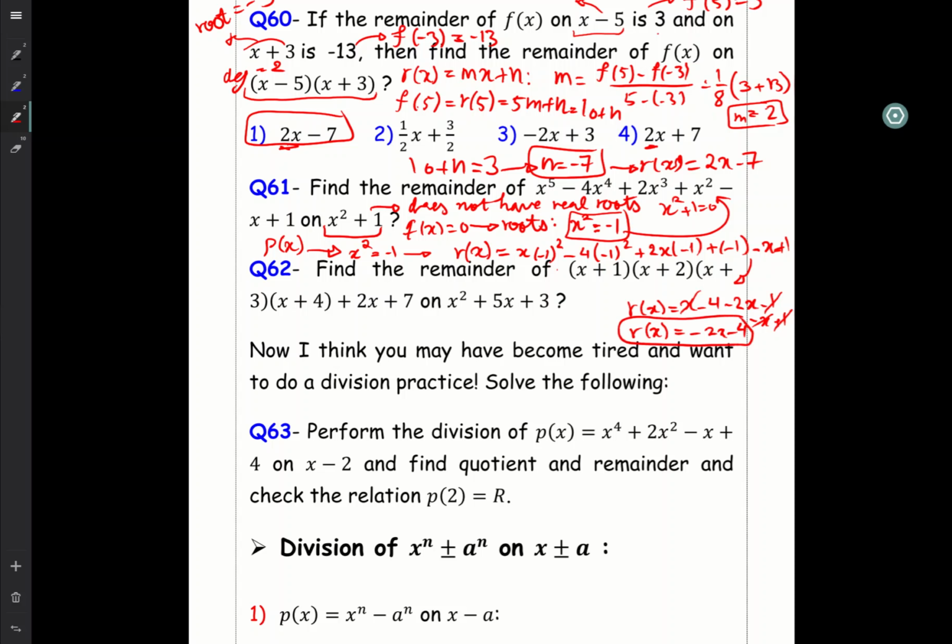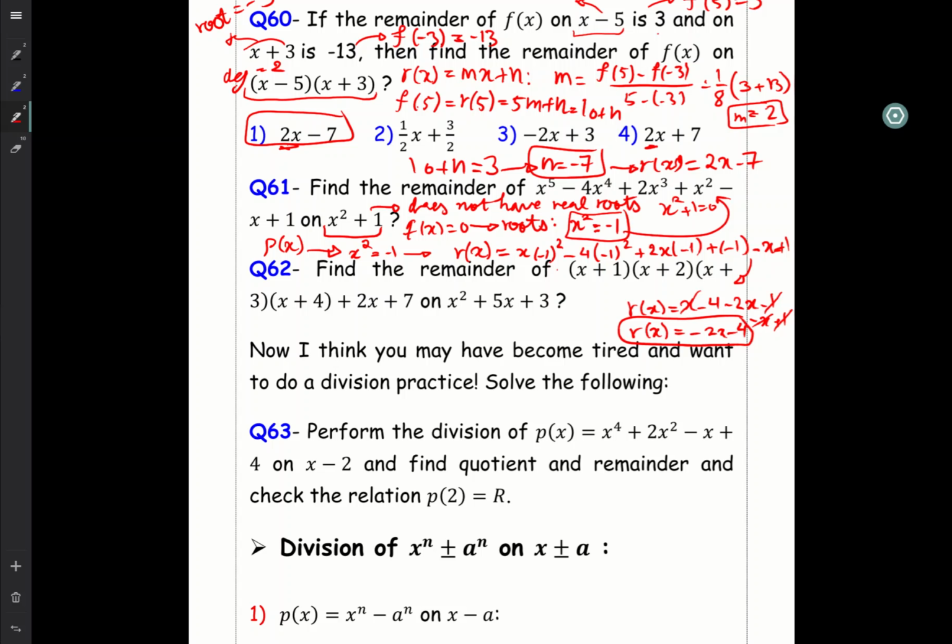Now we can actually go ahead and do the division. It's a tedious division, but the question just asks us for the remainder, and we can always use this trick that x^2 + 1 doesn't have a real root, but whatever root it has, when I square that, it should become negative 1.